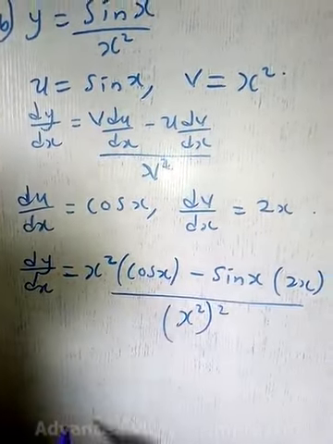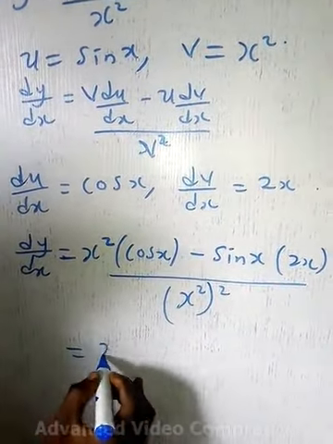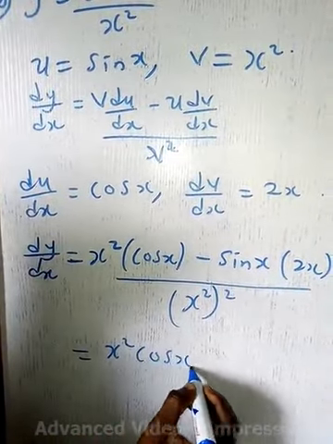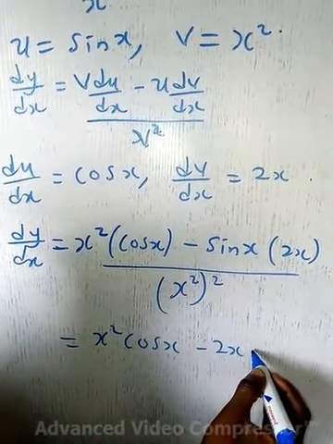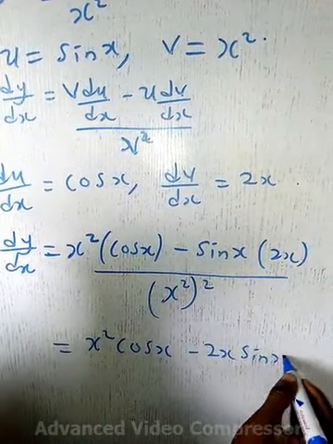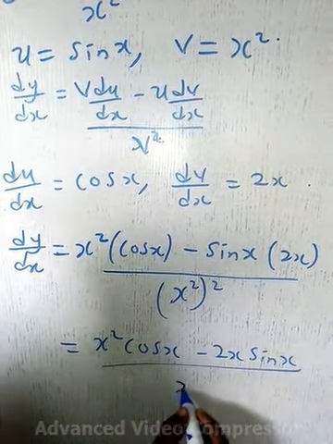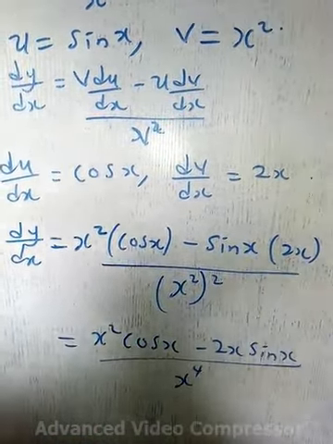To the power 2. And we have x squared cos x minus 2x sine x all over x raised to the power 4.